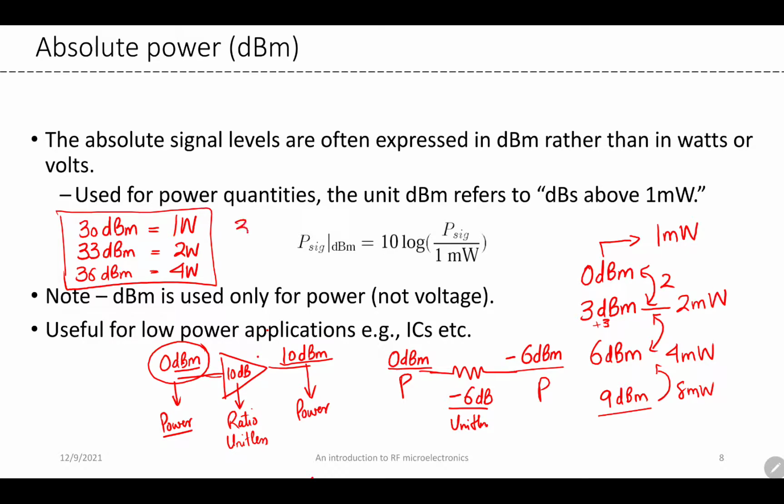So 3 dB represents doubling, and similarly minus 3 dB represents halving something. If you want to halve something, you'll use minus 3 dB. So this is something which we should remember.